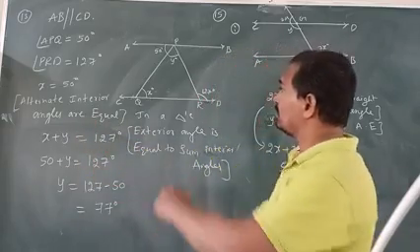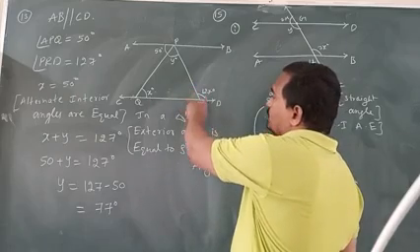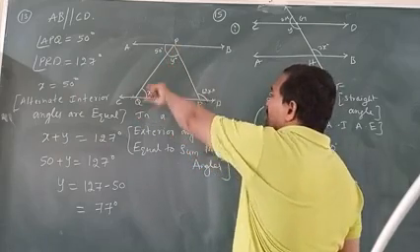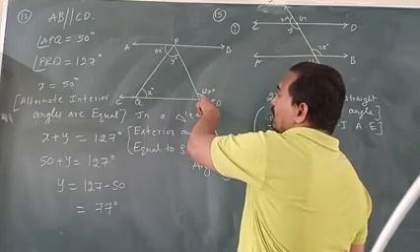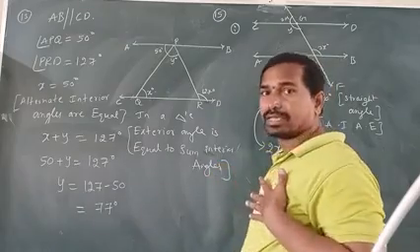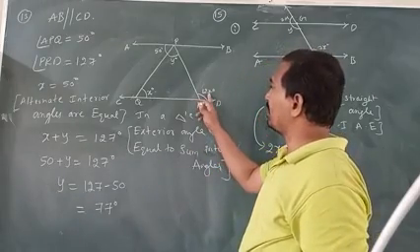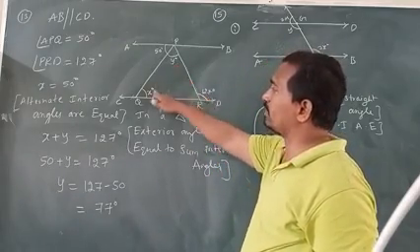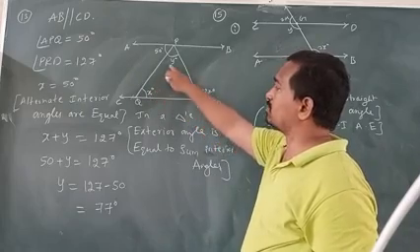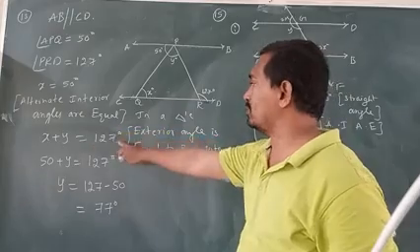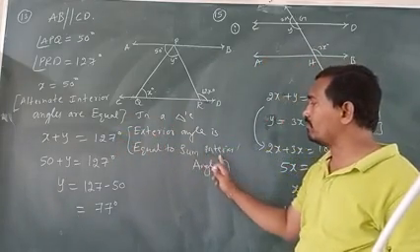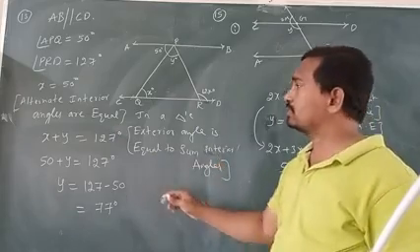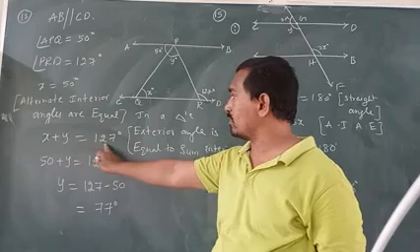Next, to find y, observe this is the triangle PQR. QR is extended, so this is called the exterior angle or external angle. This external angle is equal to the sum of the two interior opposite angles. That is x plus y equals 127 degrees.